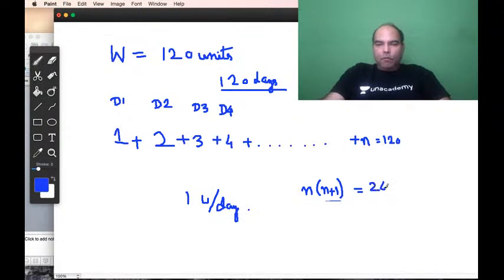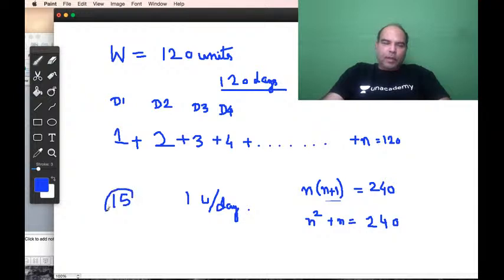That you can solve with n square plus n is 240, and you can clearly see that n as 15 works perfectly here, because for n square, you have to think of the last square below 240, that's 225, and 225 plus 15 will give you 240, and hence that will be the answer. So the number of days required will be 15.